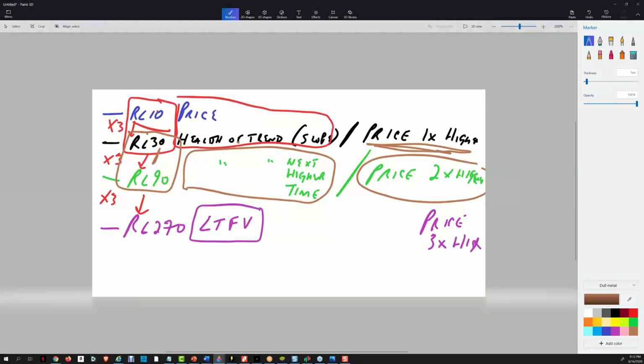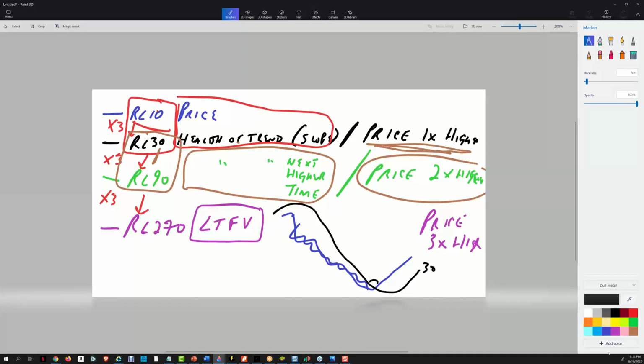Well, when I talk about the slope of the RL30, what I'm really saying is that the RL10 could be 1 leg down, 2 legs down, 3 legs down, and then start to turn up. And during that whole period of time, while the RL10 is wobbling around, you get this very smooth and orderly flow in the RL30 that looks like that.